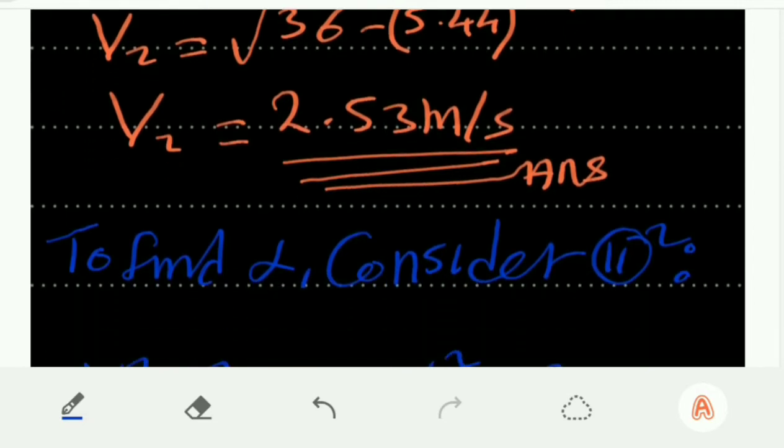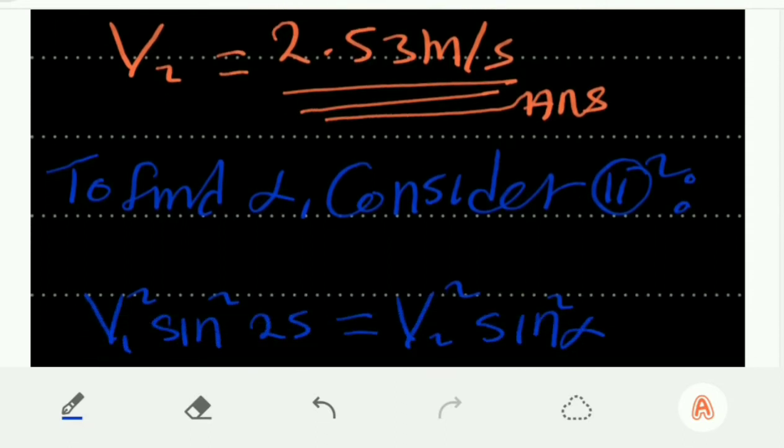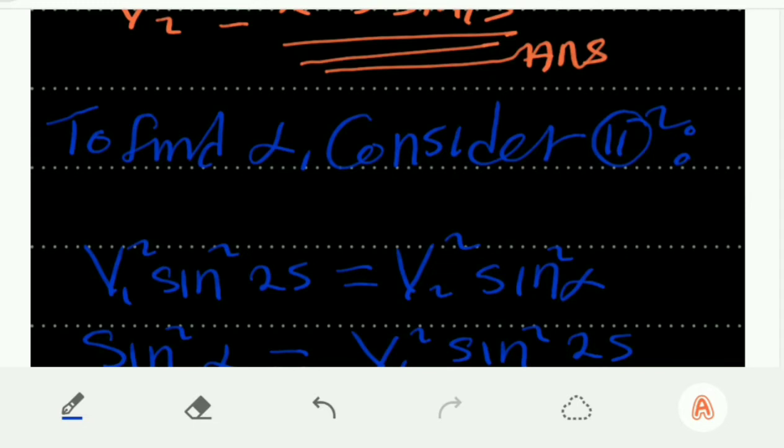So next we are going to find the direction of the second ball. The direction of the second ball, we simply find the angle it makes with the original direction. So we are saying here to find alpha, we are going to consider equation 2 squared. We remember equation 2. Kindly go back. You can always take the video back and check which one is equation 2.